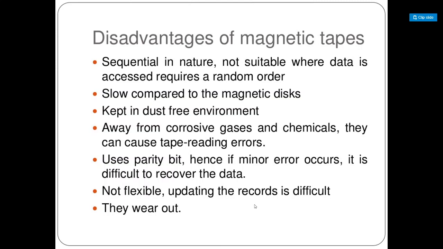And since it uses a parity bit, even if there is a minor error, it is difficult to recover the data, and you will know that data is not perfect, and it's not flexible. That is, you cannot fill or record as you like, but to some extent you can erase and record in the tapes, and they wear out easily. That is, a little more care is needed for the maintenance of these magnetic tapes.